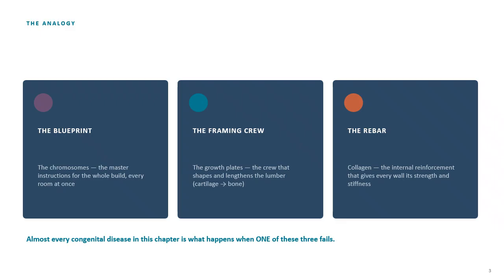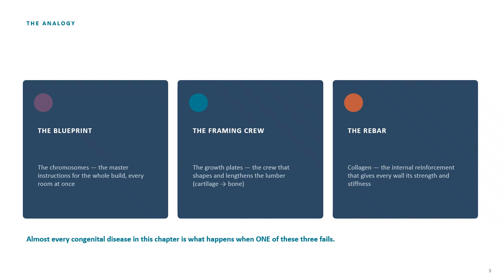And like I said, rebar is responsible for strengthening concrete from the inside. So it's usually laid down before they pour the concrete. In a similar way, that is how collagen provides the support and strength to our bones. Also our ligaments, it helps with our skin, our blood vessels, and also other structures within the body.